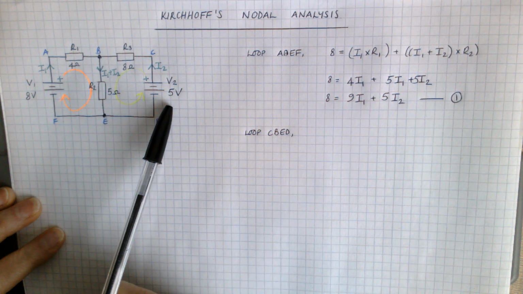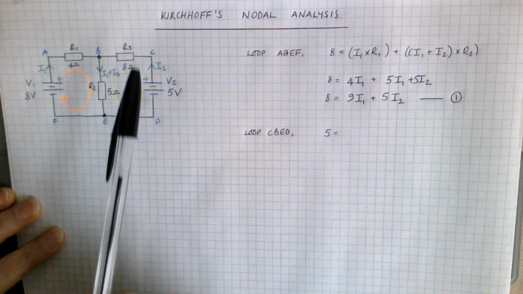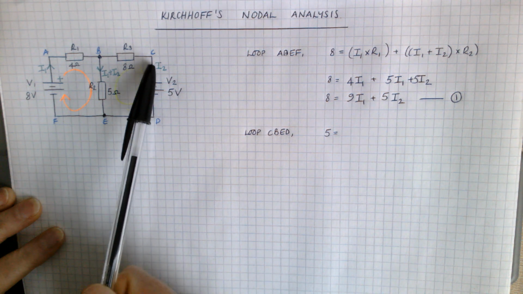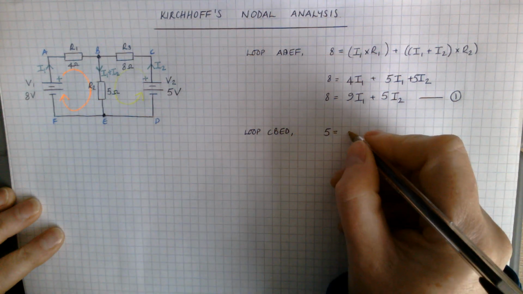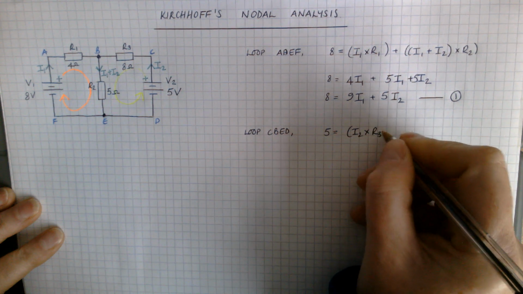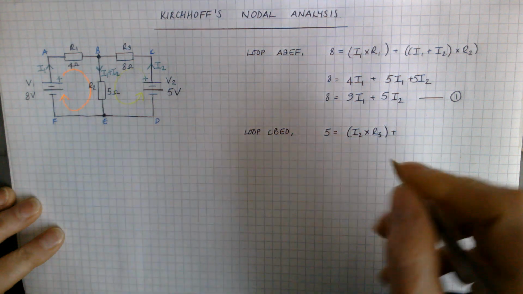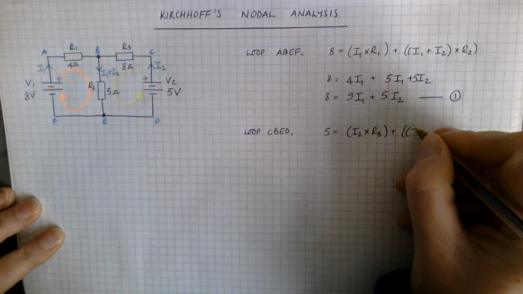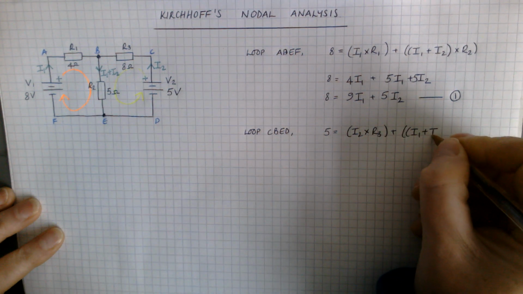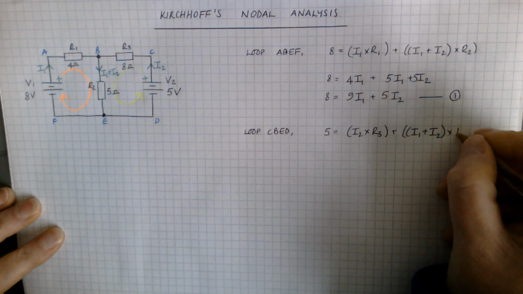My supply in that loop is the 5. Then following that current, I've got I2, which goes through resistor 3. And then again, as I follow round, I've got I1 plus I2, and that's times that R2.